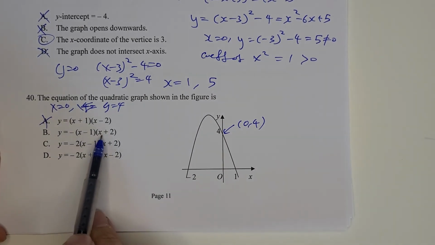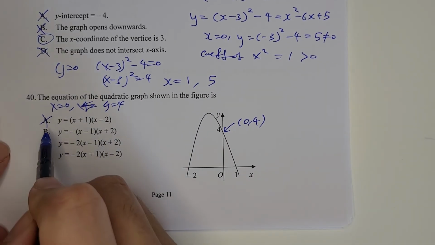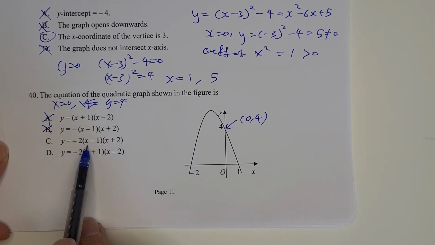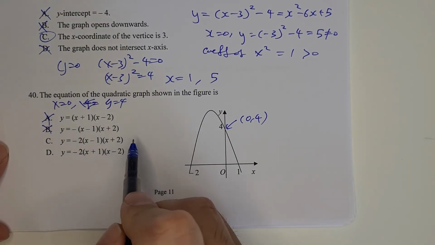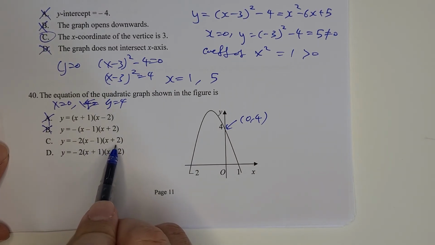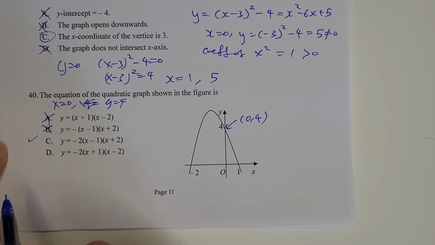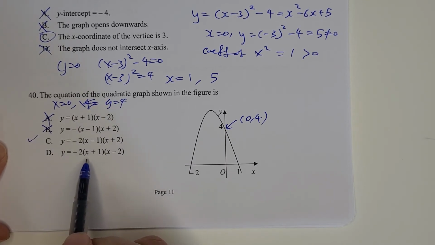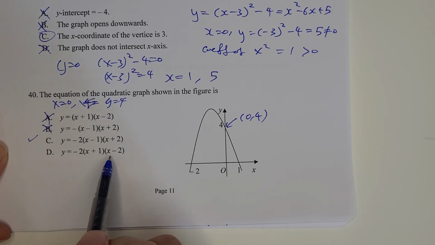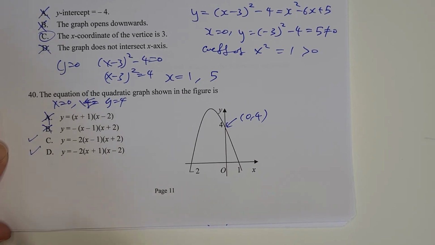When x equals 0, y is positive 2, B is not the answer. Again, for C, when x equals 0, y is negative 2 times negative 1 times 2, positive 4, C is okay. For D, negative 2 times positive 1 times negative 2, D is also okay.